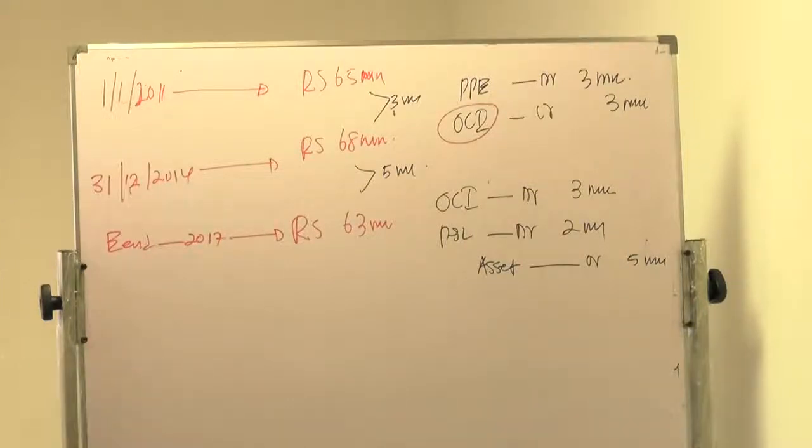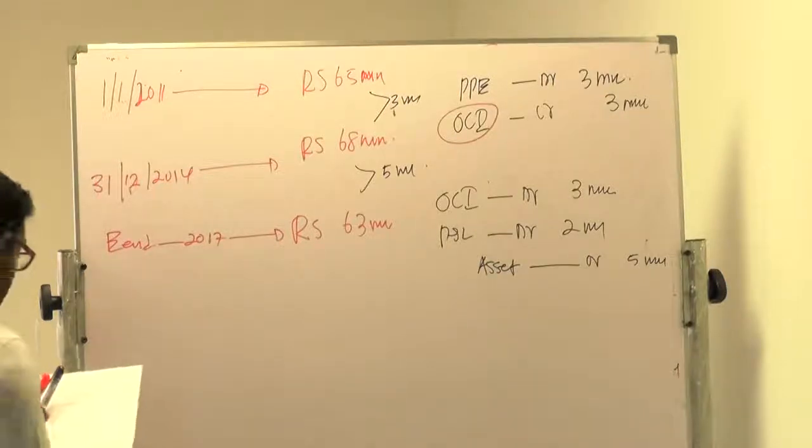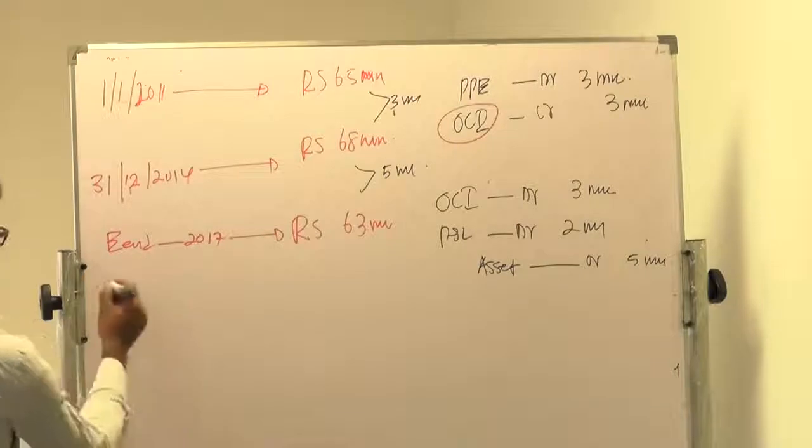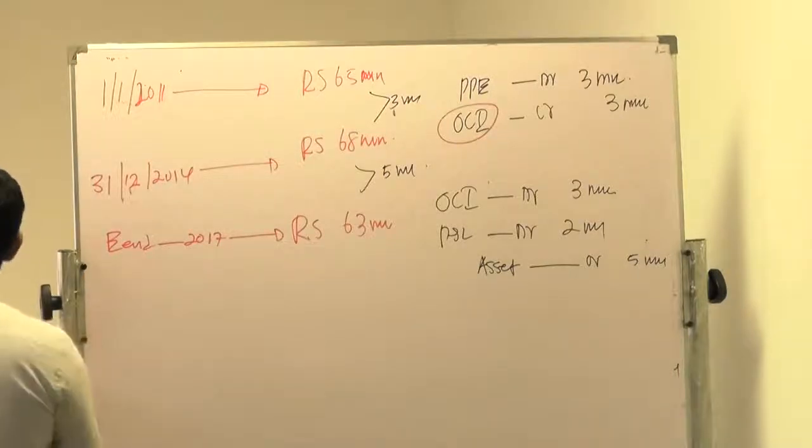Now when it comes to the end of 2019, again you have valued this to 70 million. The market recovered in 2019, and by end of that financial year, the land has a fair value of 70 million.